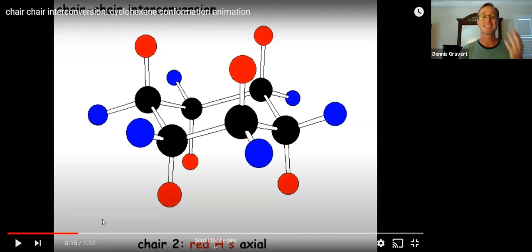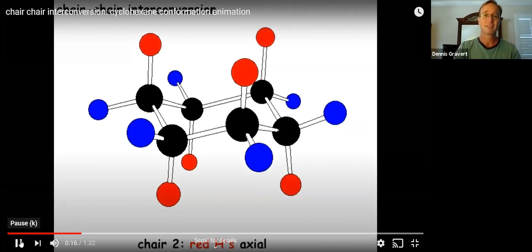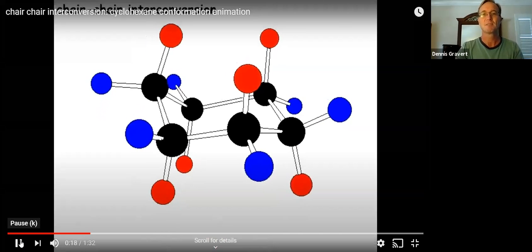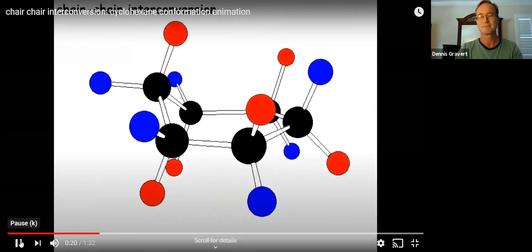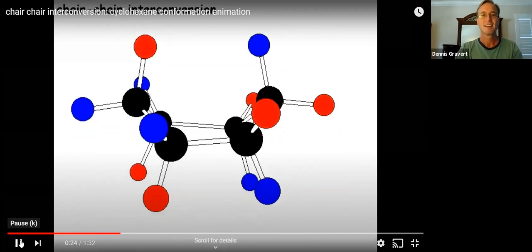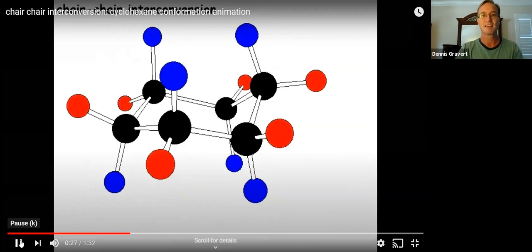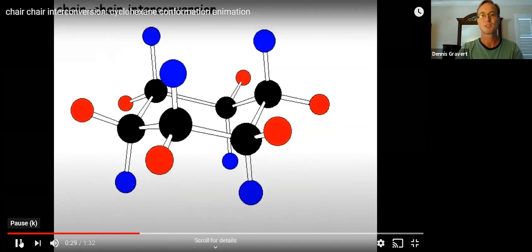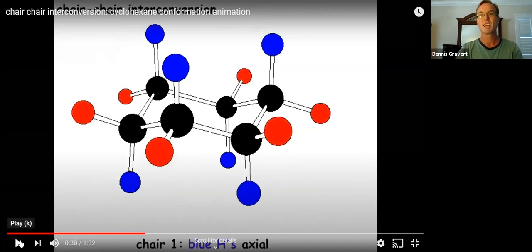The textbooks, the internet, they're going to keep saying, hey, as one chair flips into the other. The chair dance, maybe we should call it that. The red used to be up and down, and now the blue is going up there, and textbooks will say the chair has flipped from one structure to another.